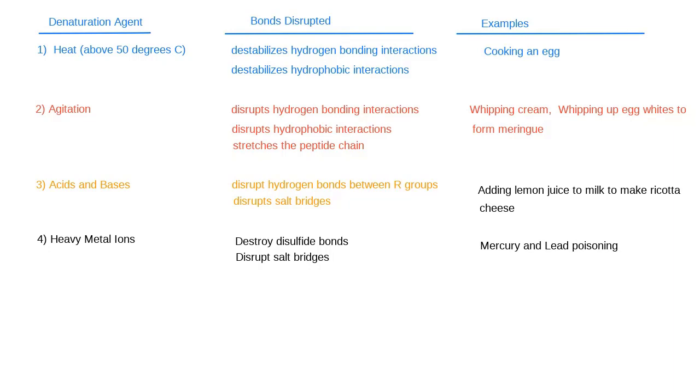So the last thing that can denature proteins is organic compounds. In other words, nonpolar usually, or compounds that at least have a significant nonpolar component to them.